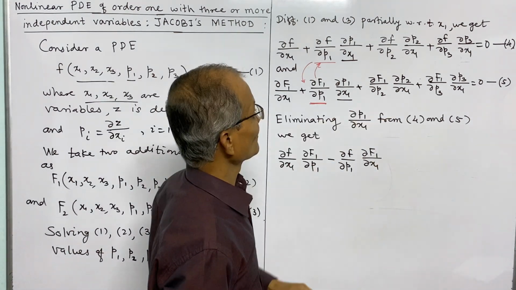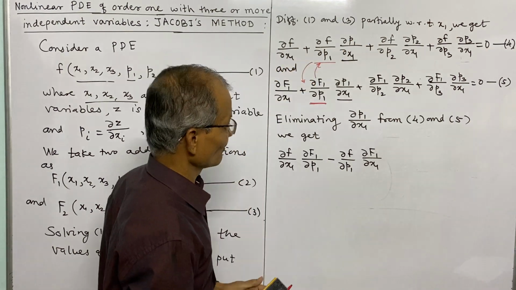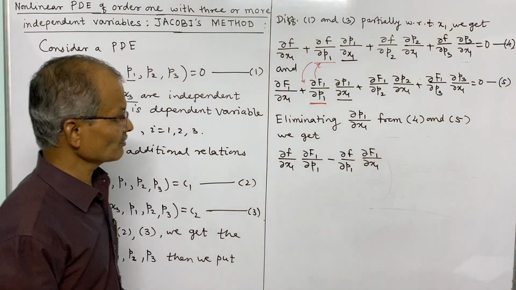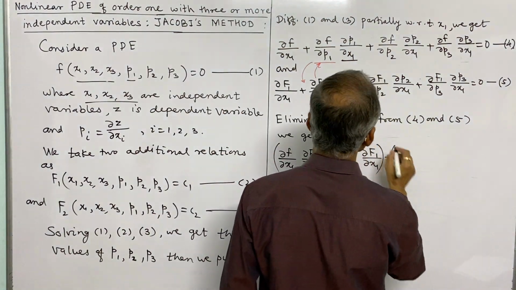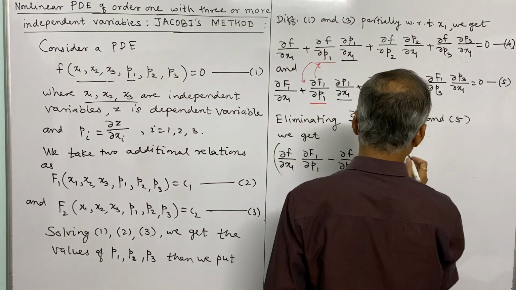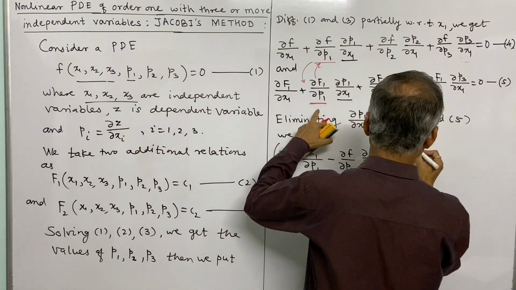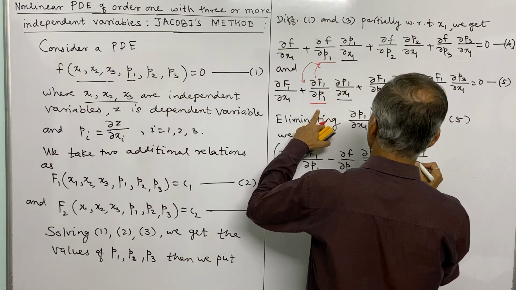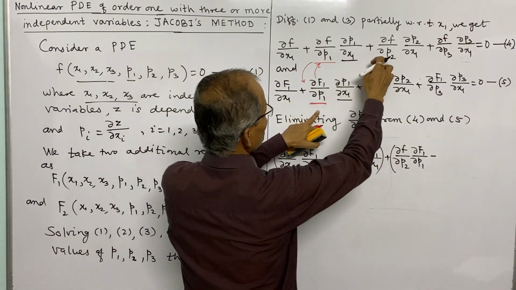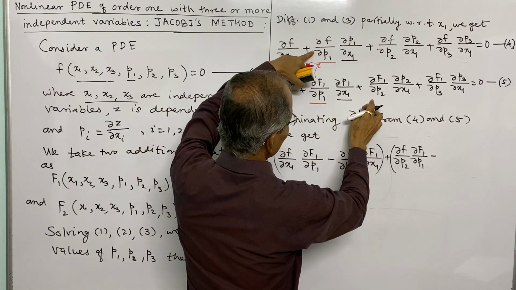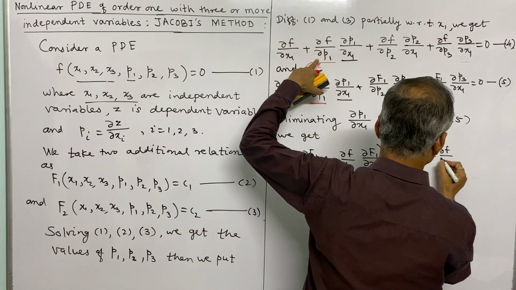Now we go to the next term, and again you see this is to be multiplied by ∂F/∂p1. We have done this procedure in Charpit's method also. So we will put this in one bracket, plus. Now see this ∂f/∂p2 is multiplied by ∂F/∂p1 minus the cross product of this, ∂f/∂p1.